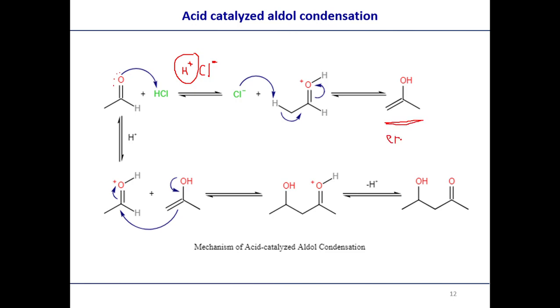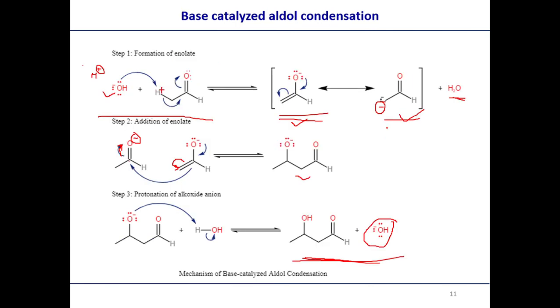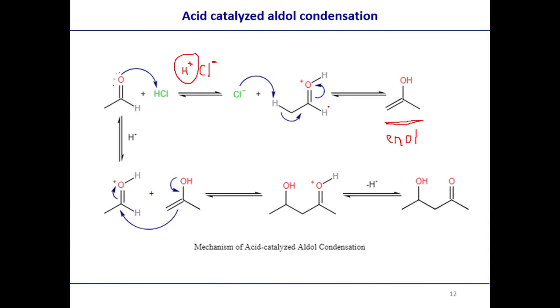Enol. In the previous case, we got enolate. Here we got enol. What is the difference between enolate and enol? In enolate, we have an O minus charge, O negative. And here we have OH. It is the alcohol form.